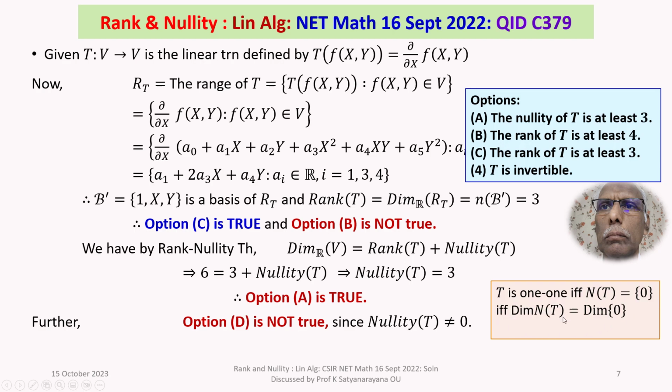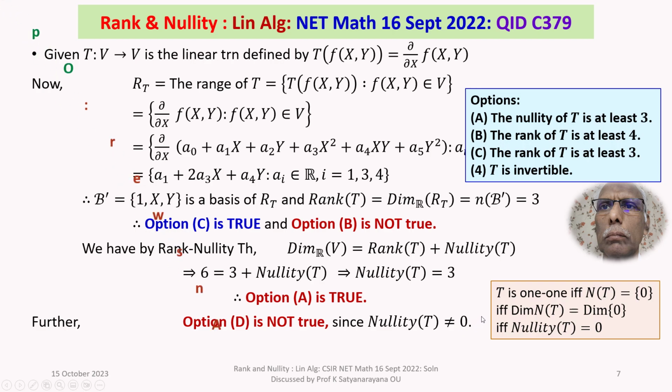The dimension of N(T) is the nullity of T. So T is 1-1 if and only if the nullity of T is equal to 0. But the nullity of T is 3, which is not 0, therefore it's not 1-1, therefore it's not bijective, therefore it is not invertible. That is the reason. So option D is not true, since the nullity of T is not equal to 0.